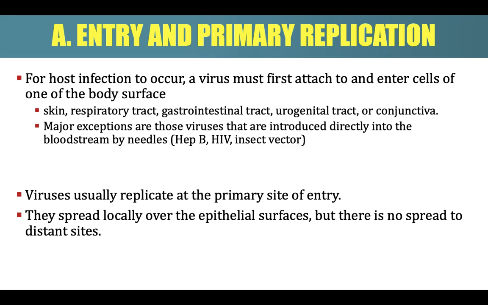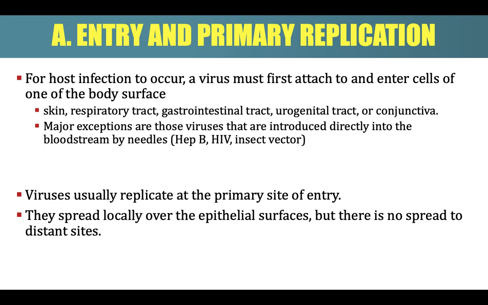Now, viruses usually replicate at the primary site of entry. If the primary site of entry is the respiratory tract, it will start to replicate there. Or if it is skin, it starts to replicate in the skin. Some, such as influenza viruses that cause flu or respiratory infections, and noroviruses that cause gastrointestinal infection, produce disease at the portal of entry and likely have no necessity for further systemic spread.